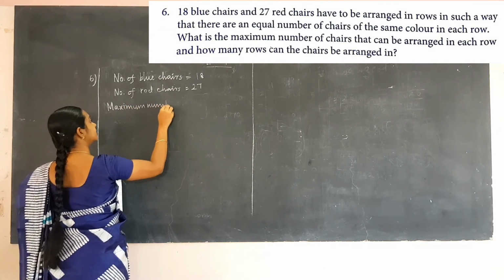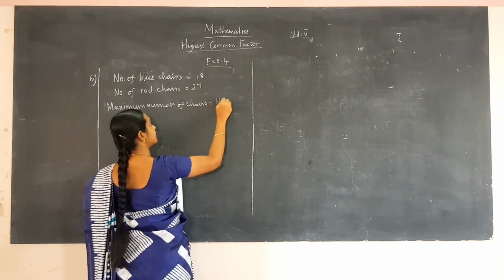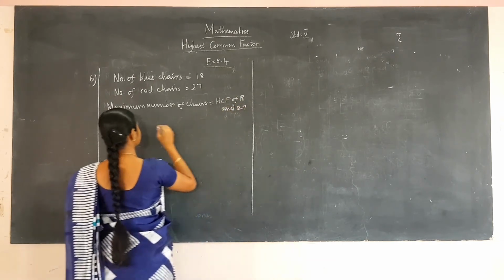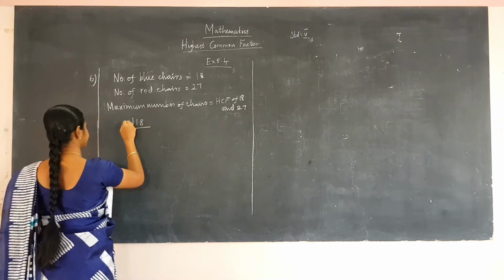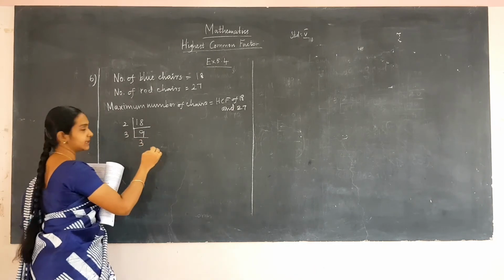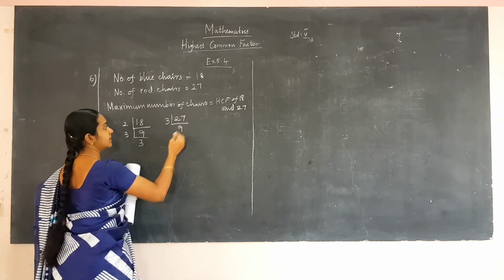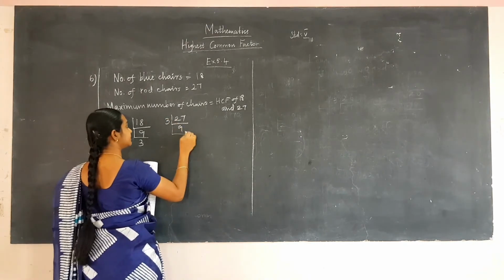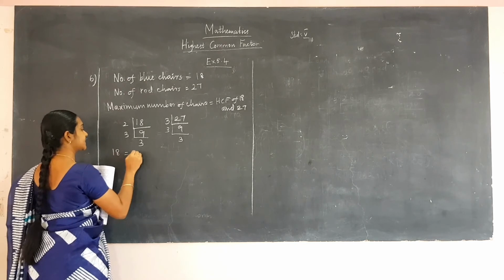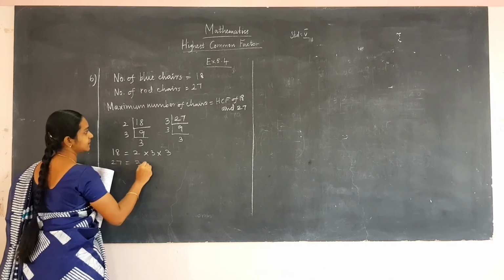Maximum number of chairs equal to HCF of 18 and 27. Factorize 18 with 2, 9 2s are 18, factorize it with 3, 3 3s are 9. Next factorize 27 with 3, 9 3s are 27. Again factorize it with 3, 3 into 3 is 9. 18 is 2 into 3 into 3, for 27 it is 3 into 3 into 3.